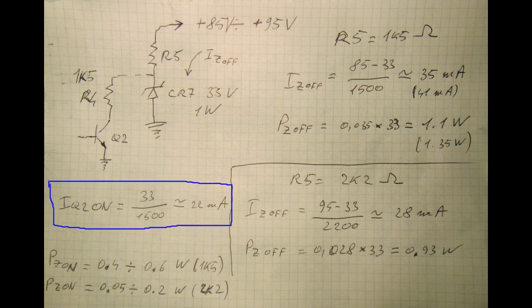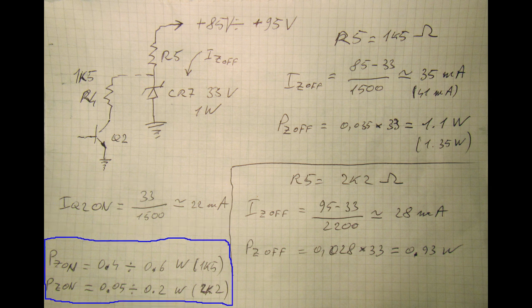What happens when Q2 is turned on, which is when a bright portion of the screen is scanned, is that current flows through R4. This current is approximately 22 milliamps and it gets subtracted from the total current that flows through the 33 volt zener that we have just calculated. When the beam is on, the zener is dissipating about 0.4 to 0.6 watts with the 1.5 kΩ resistor, depending on the actual value of the 85 volt rail, or only 0.05 to 0.2 watts when R5 is 2.2 kΩ.